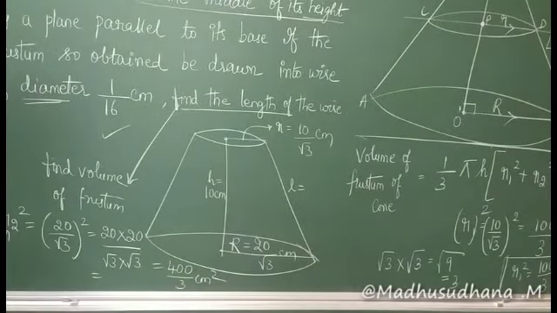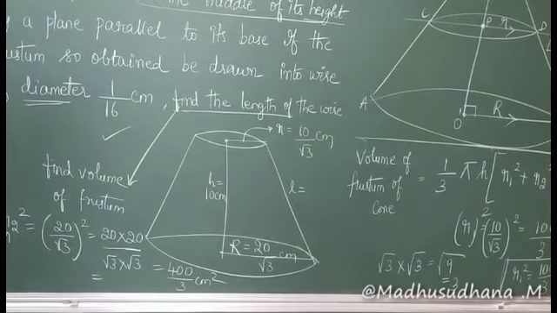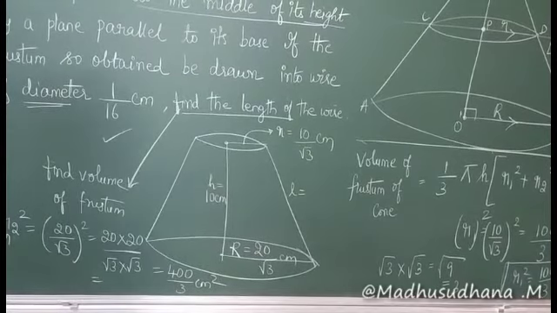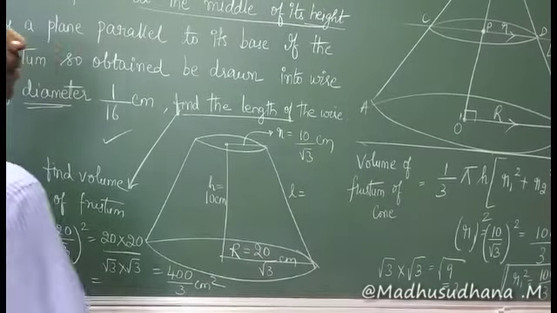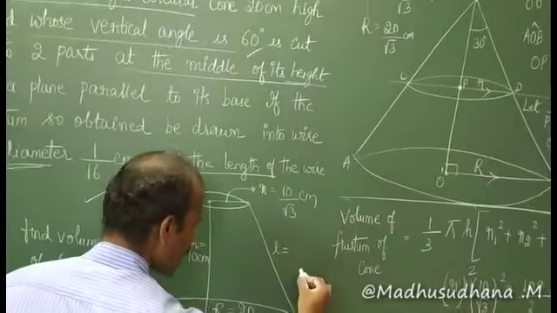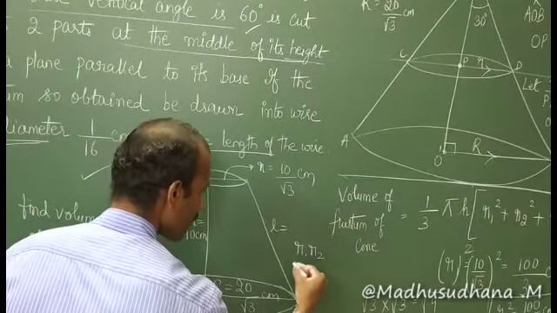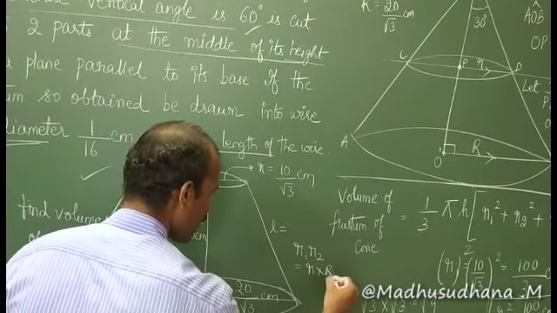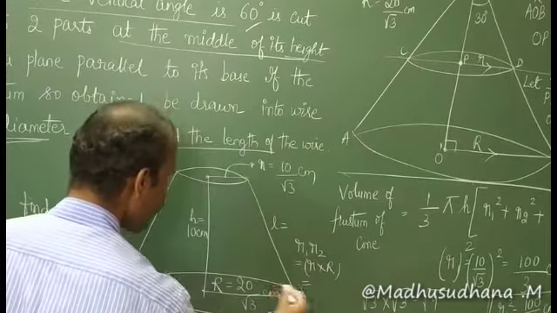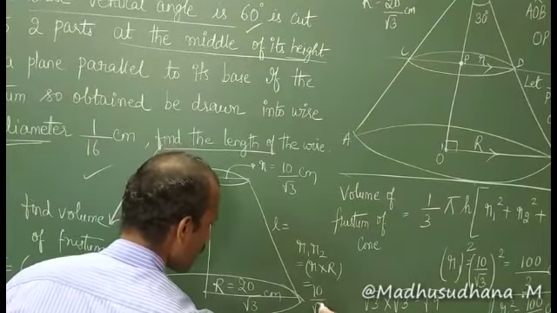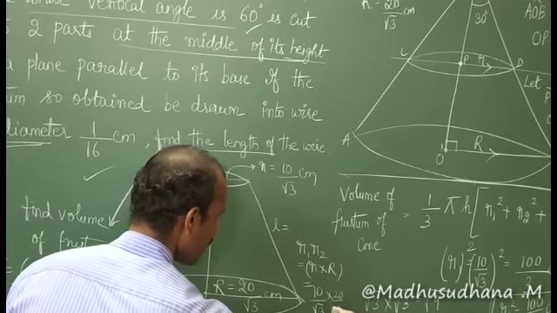Now we require the product of r1 and r2, small r multiplied with capital R. So this is 10 by root 3 multiplied with 20 by root 3.